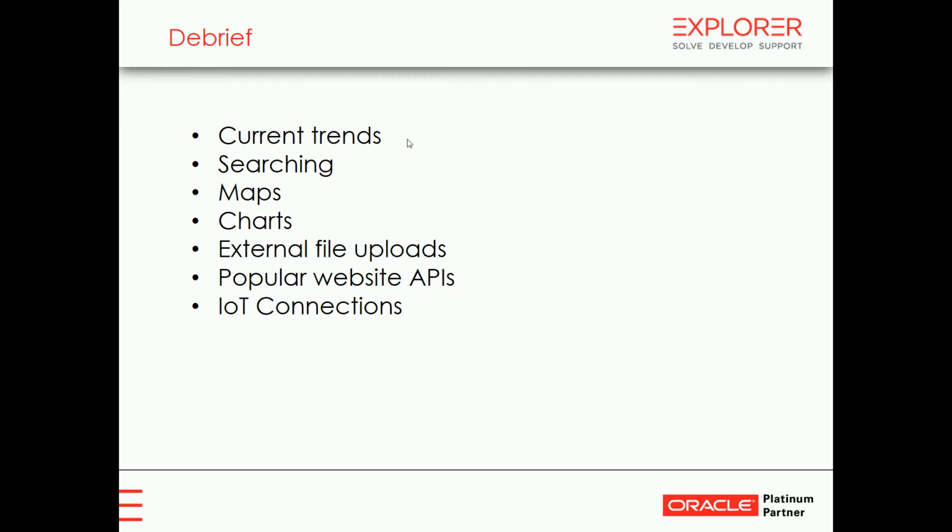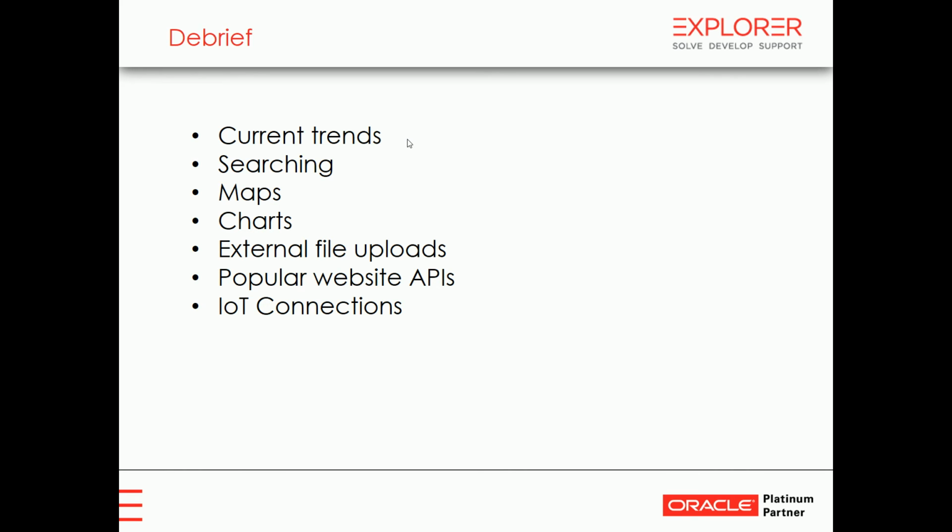Okay, so that's the end of the presentation. We've had a look at current trends and the way that web development is going, and how we can incorporate that into Apex and how Apex stands with regards to each of those. And then I quickly showed you some examples of searching and maps, charts, file uploads, and some external APIs.